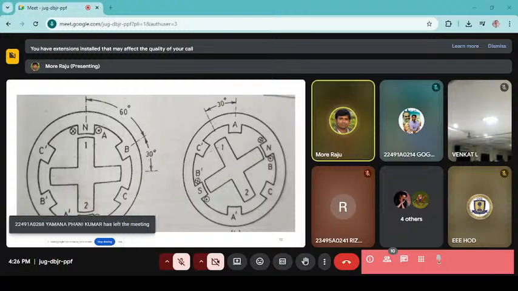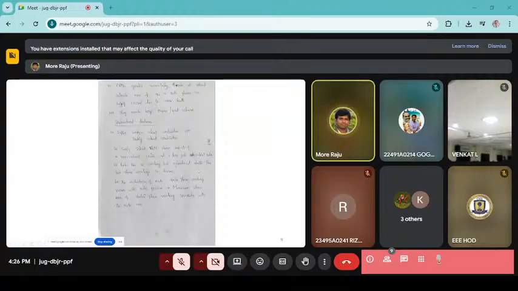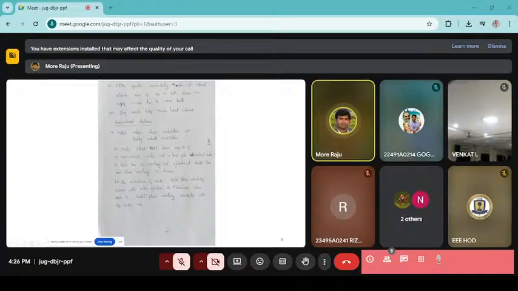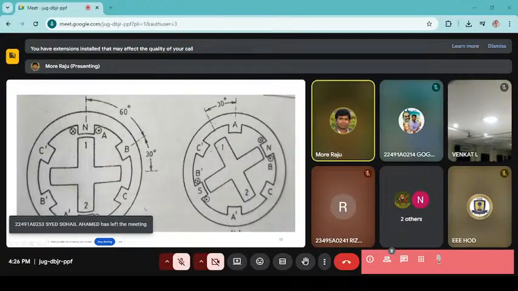So maximum inductance is observed when the axis of the stator winding coincides with the rotor axis. We will see this shortly.